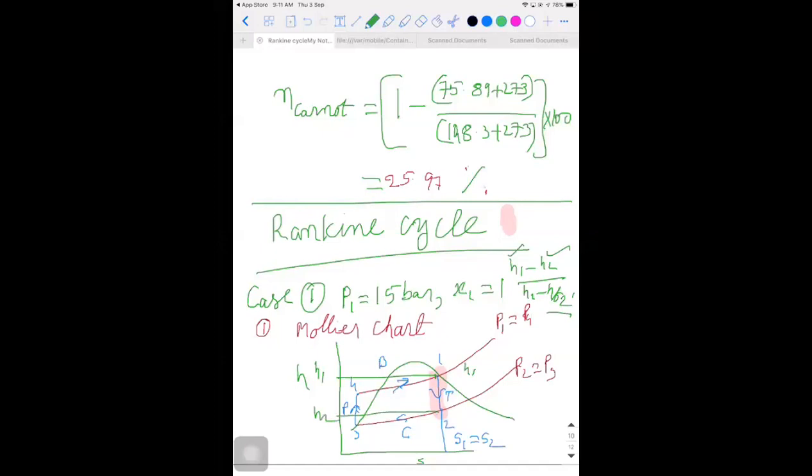If you draw this line 1 to 2, that is sufficient. Identification of state 1 and state 2 gives you H1 and H2. HF2 you can get from your steam tables. With that our purpose is served, and there is no need to draw the remaining parts.